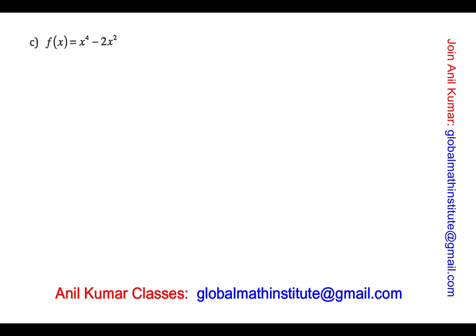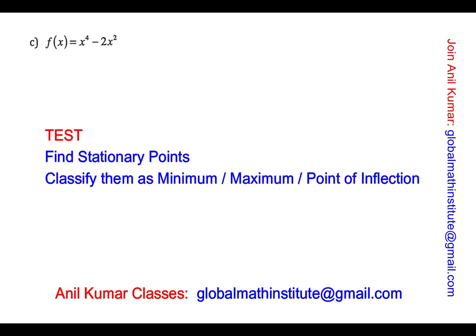The fourth one is your test question. It's a polynomial of degree 4. Now, work on these things and figure out how to find the stationary points, how do we classify them, whether they are local maximum, local minimum, and remember, they can be a point of inflection also. Perfect. I hope it makes sense.